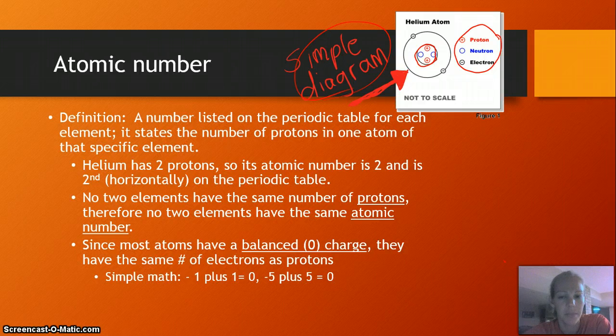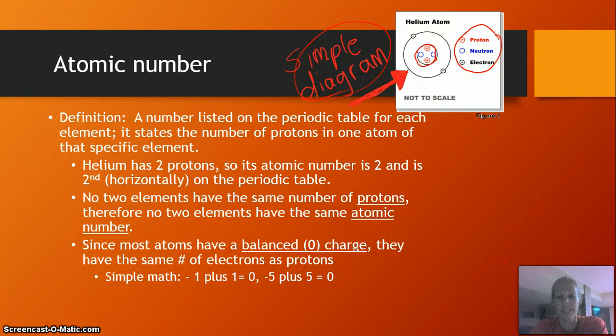If an atom doesn't have 1 proton, then it is not hydrogen. Helium atoms has the atomic number of 2, and that means that it has 2 protons, and so forth down the periodic table. No 2 elements have the same number of protons, therefore, no 2 elements have the same atomic number.